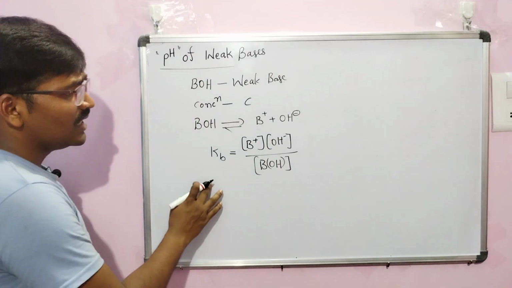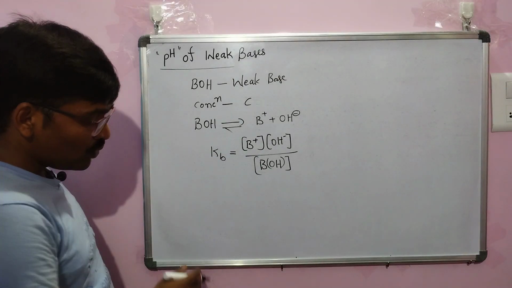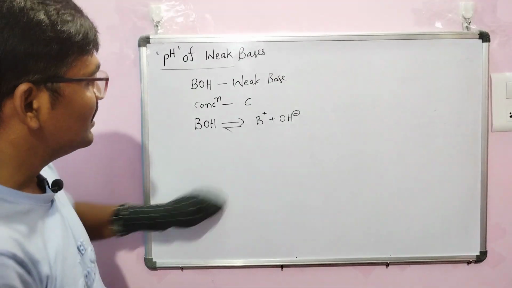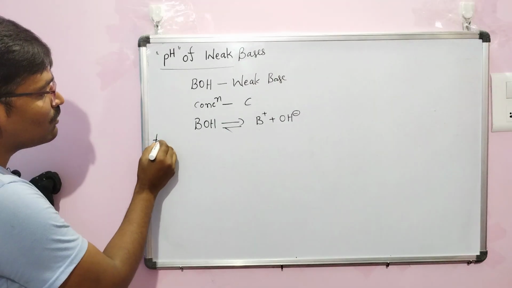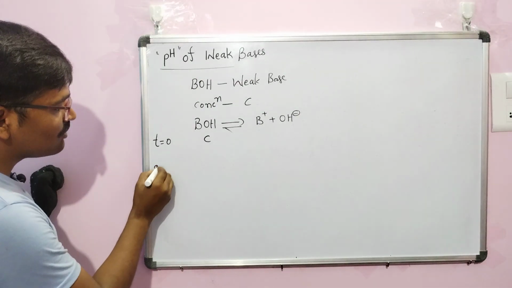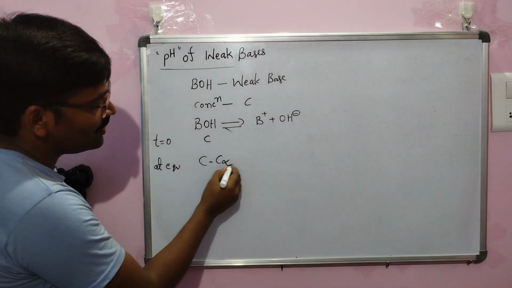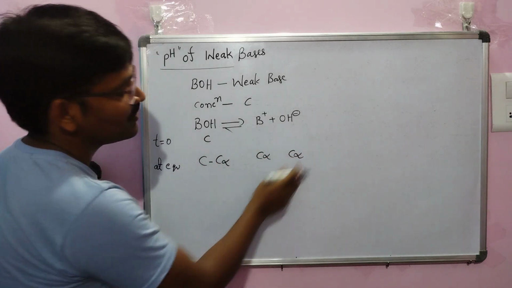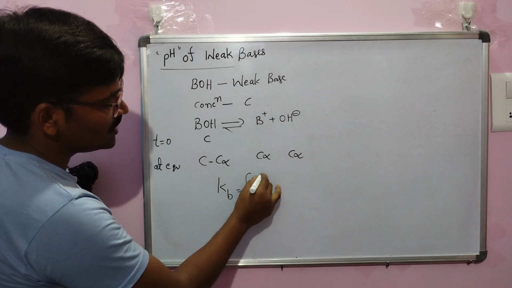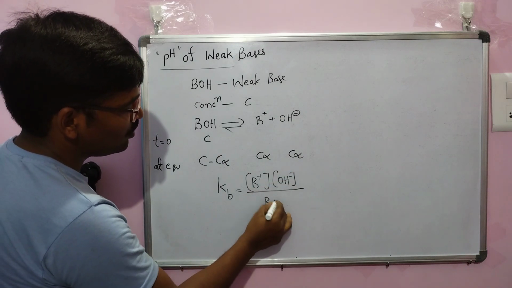Before writing this, what are the concentrations of each? At time t equals 0, we take the concentration as C. At equilibrium, like weak acids, it is C minus C alpha, then C alpha, then C alpha.